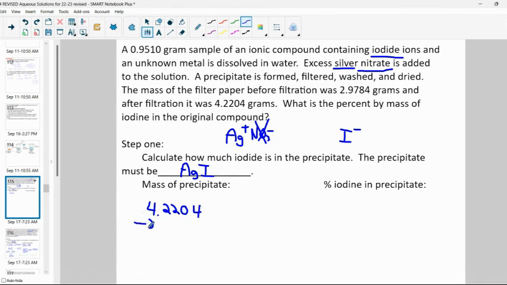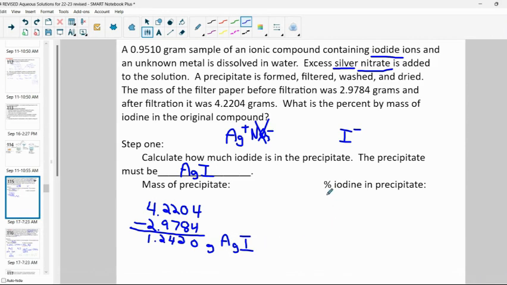So I'm going to subtract from that the mass of the empty filter paper. So I get 1.2420 grams of AgI. That is how much iodide reacted with my silver, forming that silver iodide.